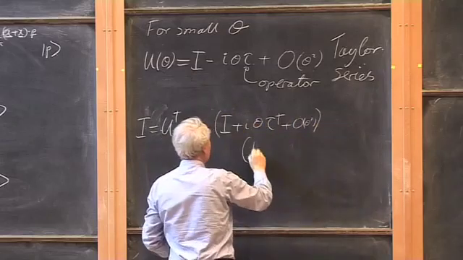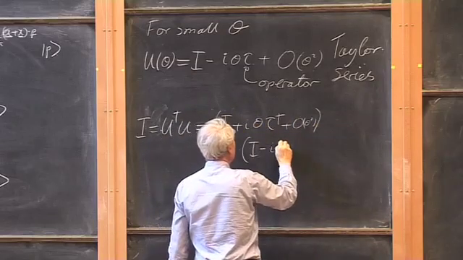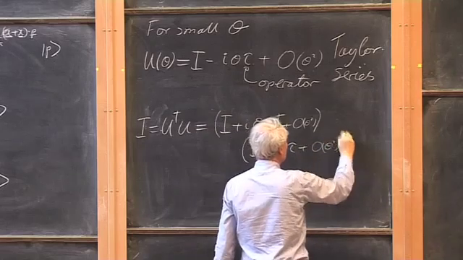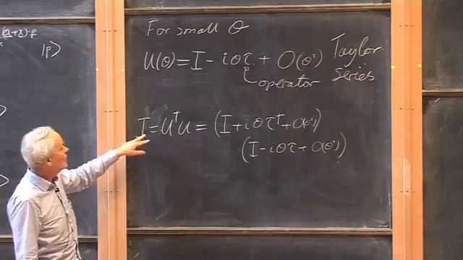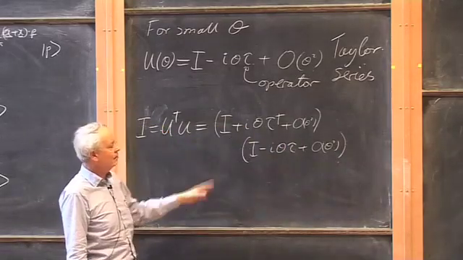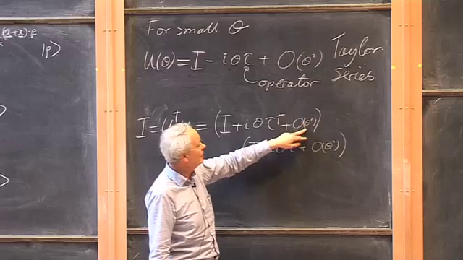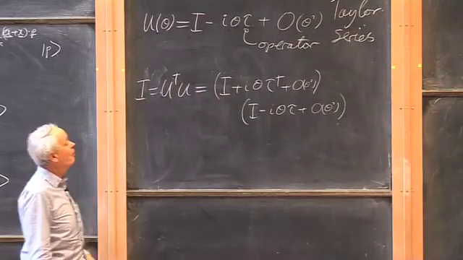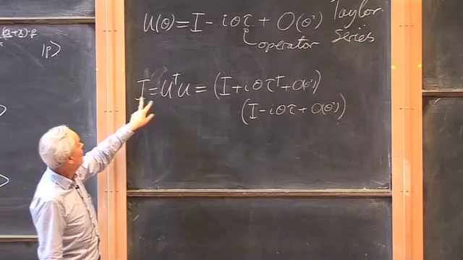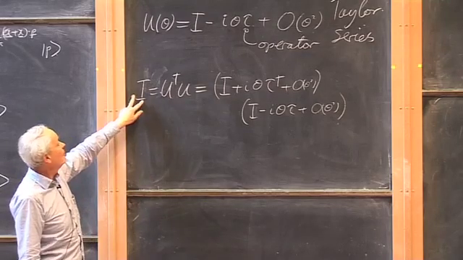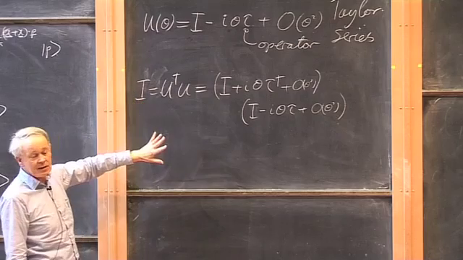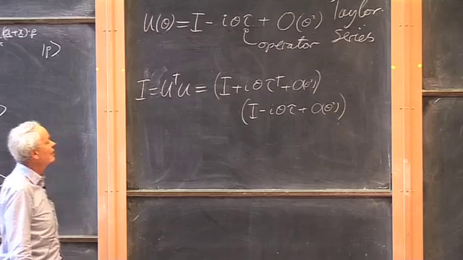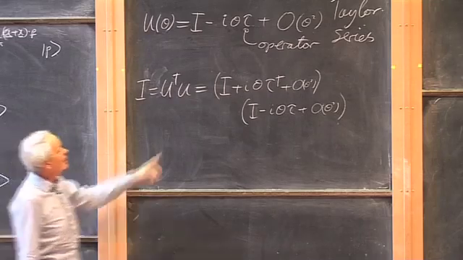And that has to be multiplied on 1 minus iθτ plus order θ squared, which we're going to ignore. So when you multiply these two brackets together, a ginormous job in principle because there are an infinite number of terms, we won't need to bother with much algebra. We must get the identity operator completely regardless of what θ is, because this is a unitary transformation regardless of θ. So let's work this out.